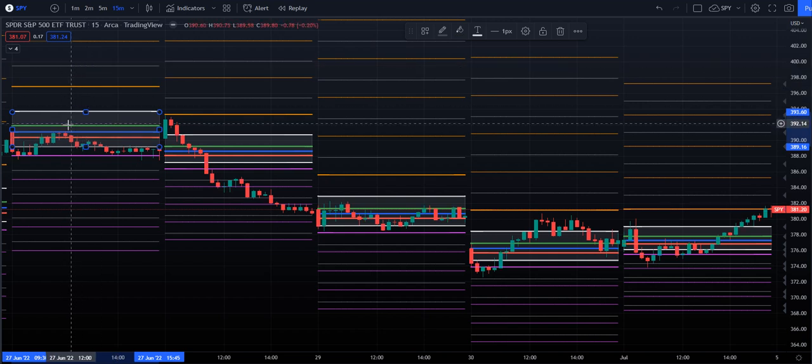On the flip side, if we get down below S1, which is the demand zone, and the sellers are outnumbering the buyers, then they're going to move to the downside. And if we get down below S2, support 2, we're looking at a potential trend down day.